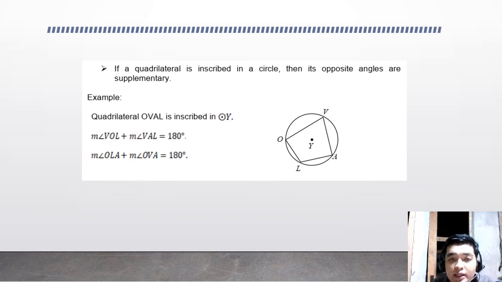If a quadrilateral is inscribed in a circle, then its opposite angles are supplementary. Quadrilateral OVAL is inscribed in circle Y. Angle VOL and angle VAL are supplementary, meaning the measure of this plus the measure of this is equal to 180 degrees.